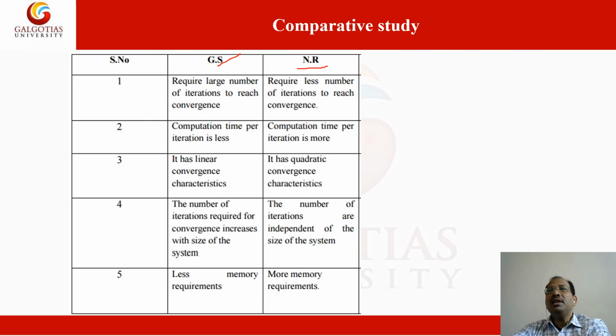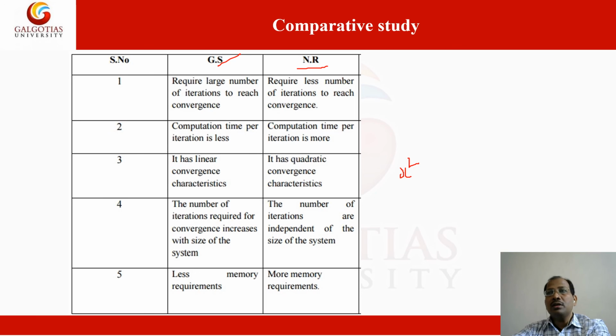So it has linear convergence characteristics. When we look at the convergence characteristics, Gauss-Seidel gives linear convergence, but Newton-Raphson is quadratic, so we get x square terms. Due to this, the number of iterations required for convergence increases with the size of the system, so the computation and convergence times also increase.